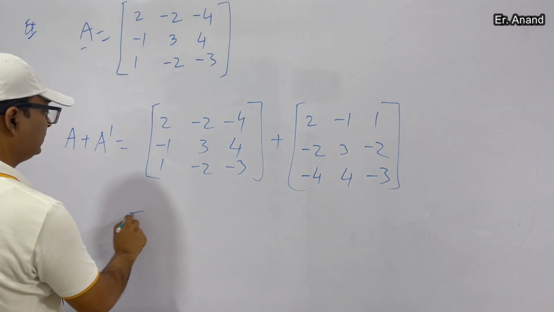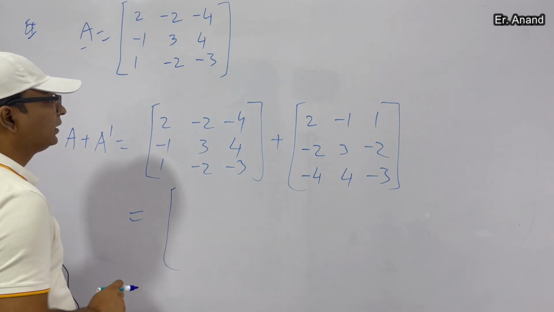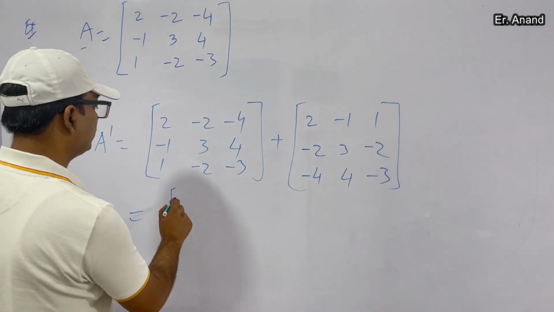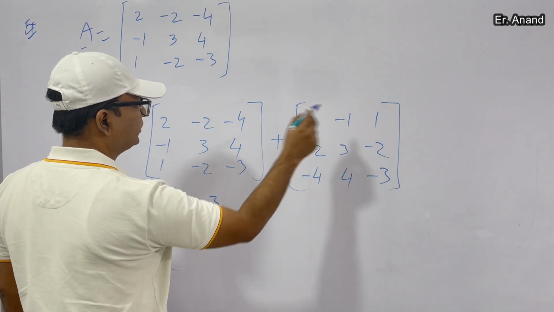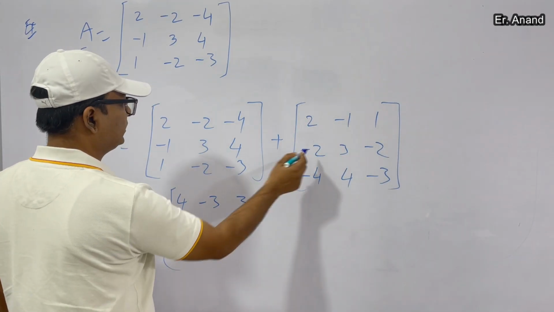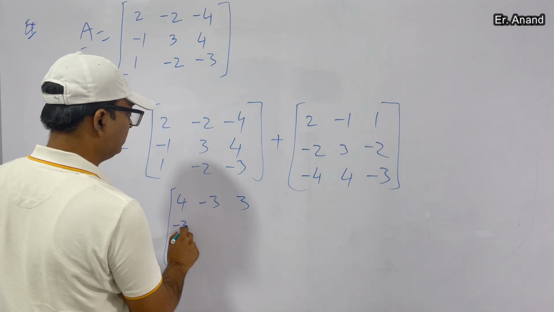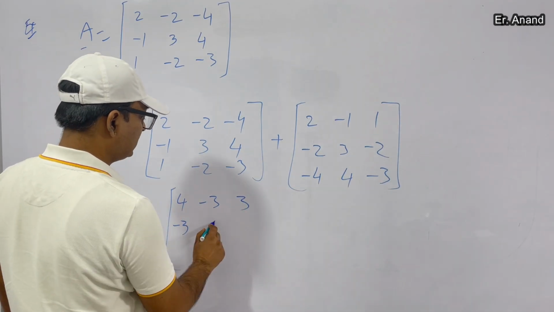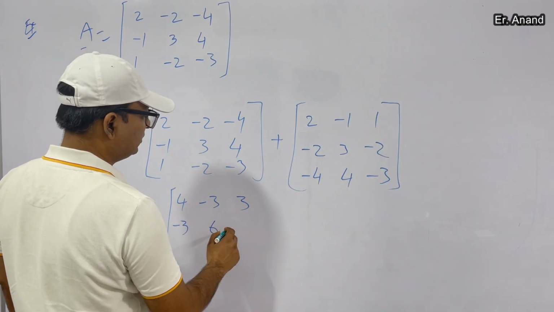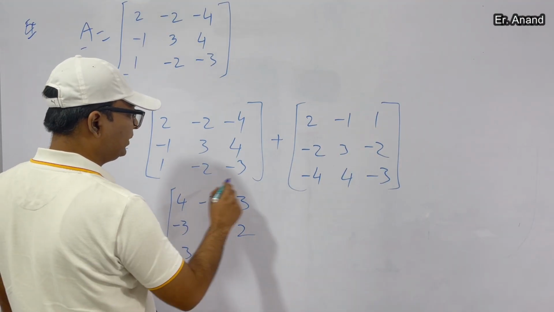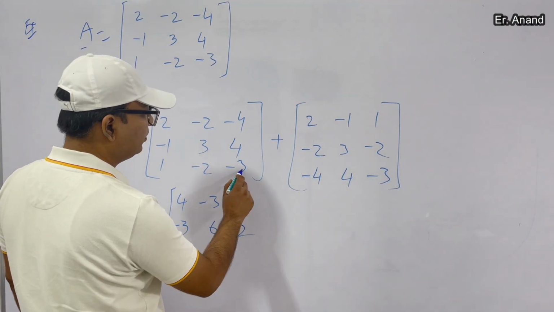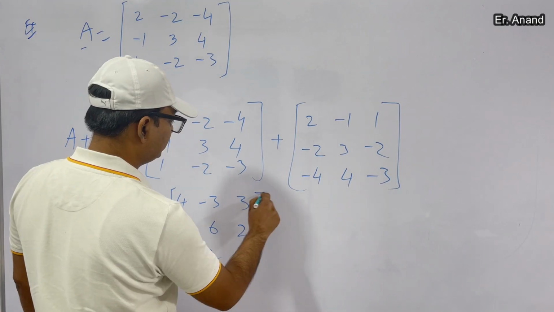Let's see the value of their addition. 2 plus 2, 4. Minus 2, minus 1, minus 3. Minus 4, 1, minus 3. Minus 1, minus 2, 3. Minus 3. 3 plus 3, 6. 4 plus minus 2, 2. 1 minus 4, minus 3. Minus 2, 4, 2. Minus 3, minus 6.